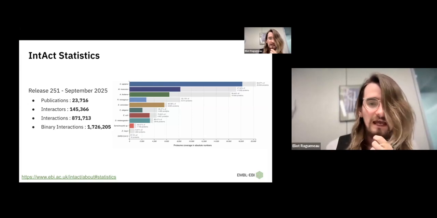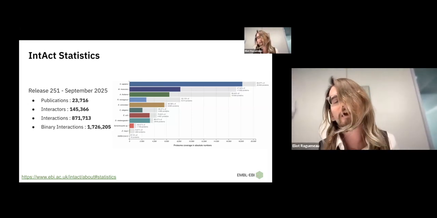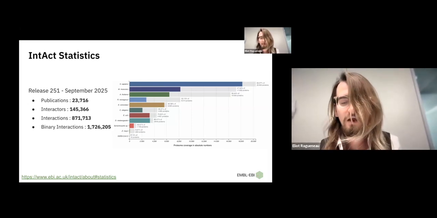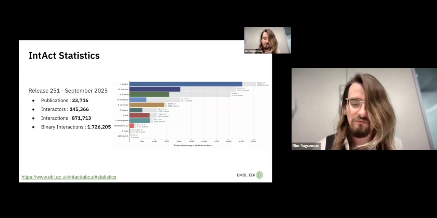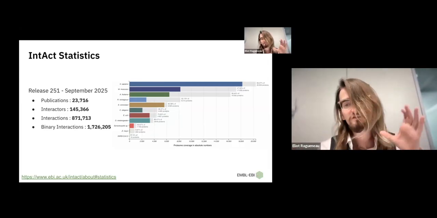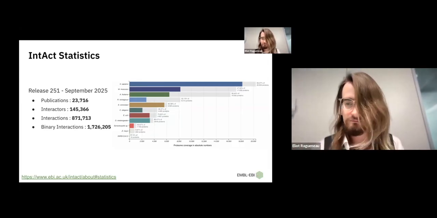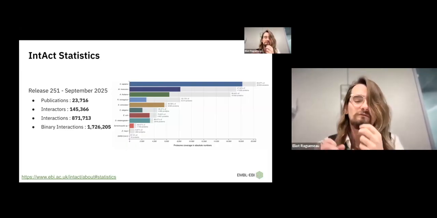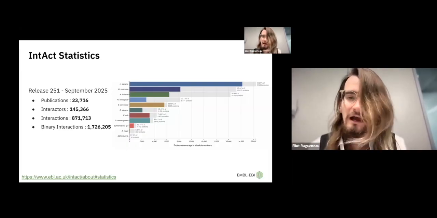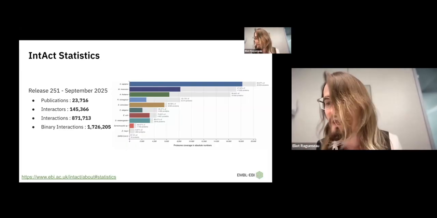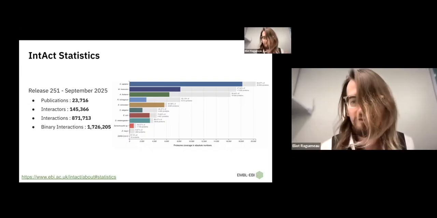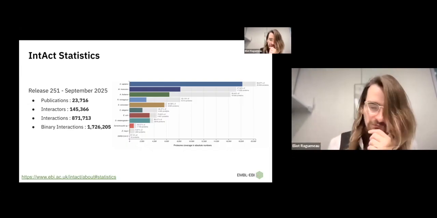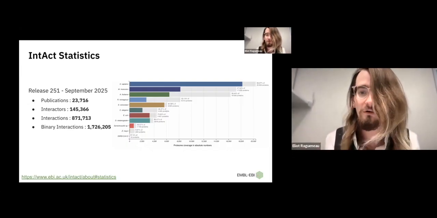In terms of coverage, and by coverage we mean how many nodes from a proteome are being touched by at least one edge within IntAct, also which is interacting with at least one interacting partner. In Homo sapiens, close to 90% of proteins from the reference proteome have been covered.